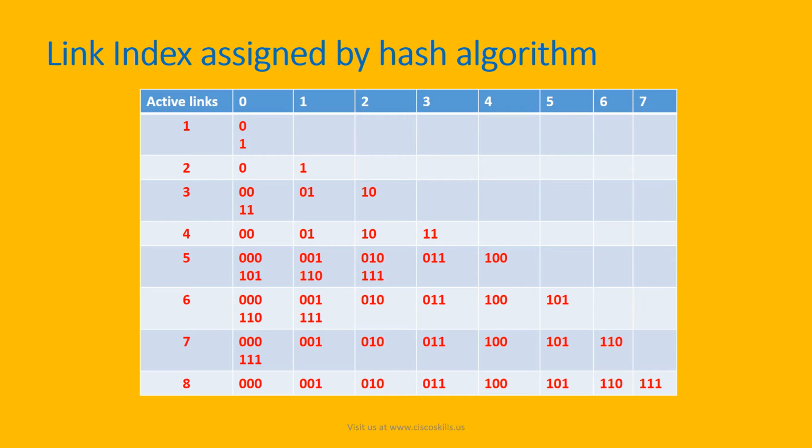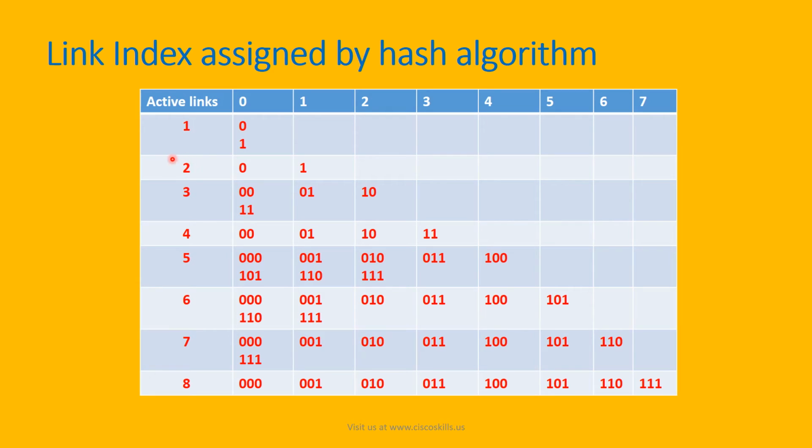If we have only one active link in the EtherChannel, it requires 1 bit, and after the bit or the XOR operation, the value can be either 0 or 1. But because there's only one link, link 0 will be used.